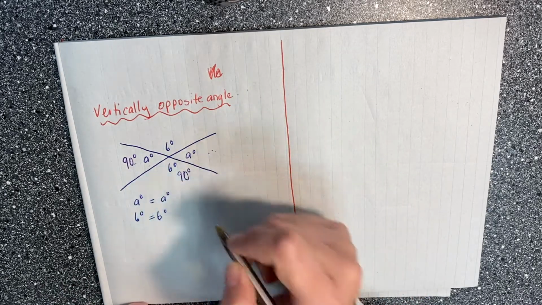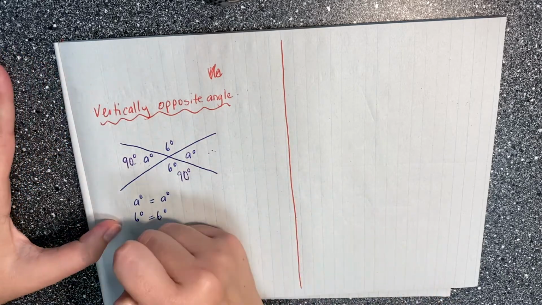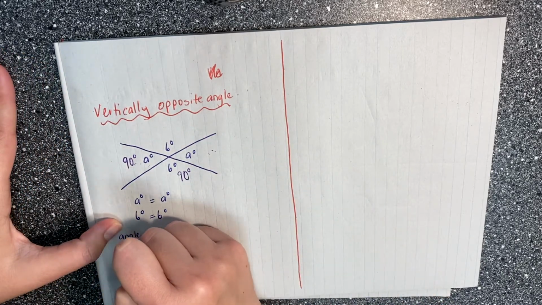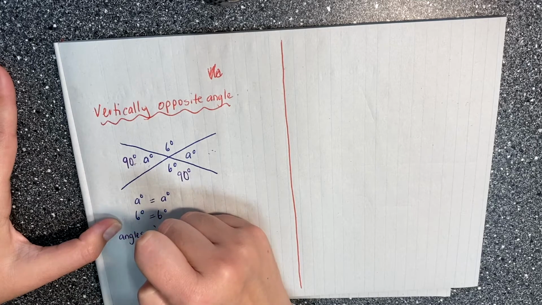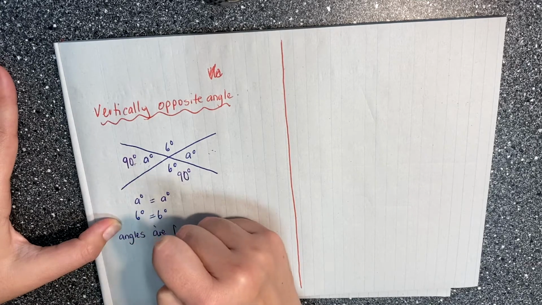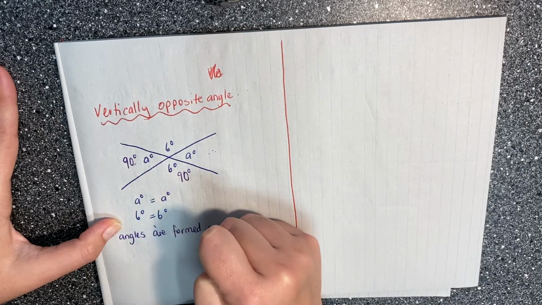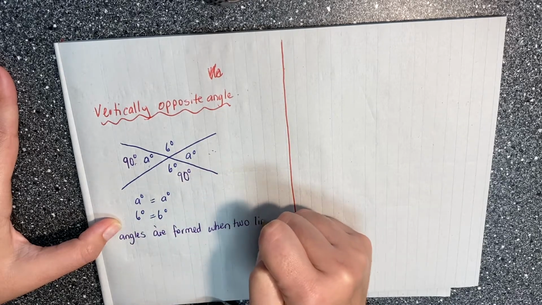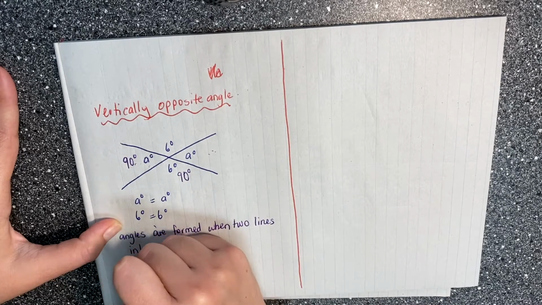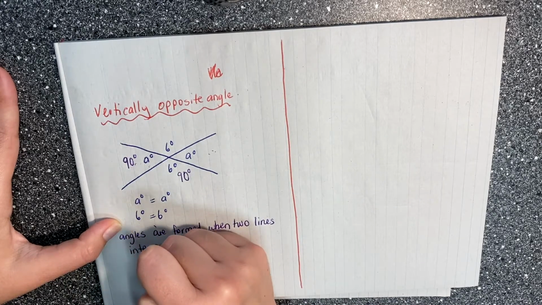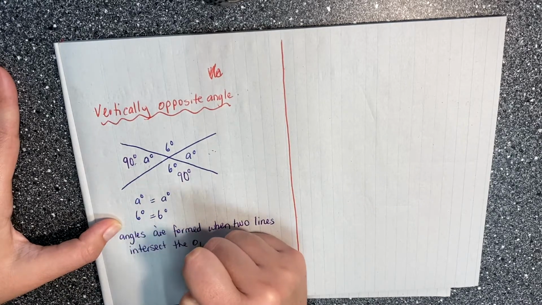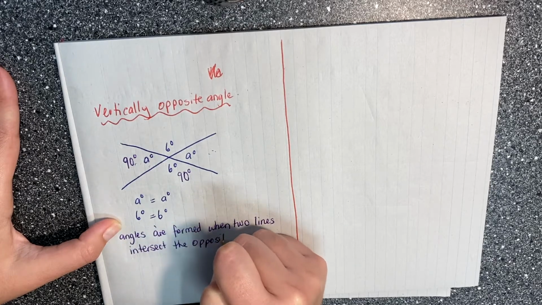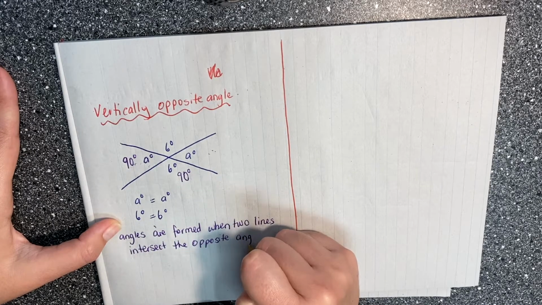What this means, and I might just write this down, is that angles are formed when two lines intersect, and the opposite angles are equal.